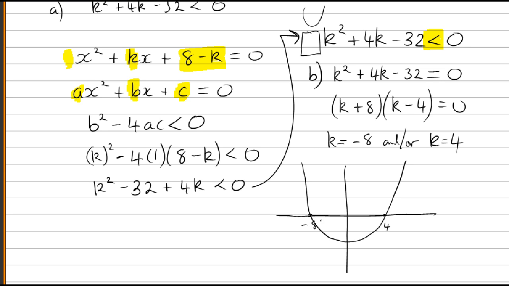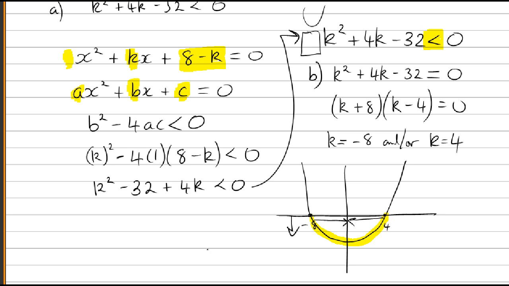That means this part of the graph, which is below the x-axis, so it's all the values between minus 8 and 4.